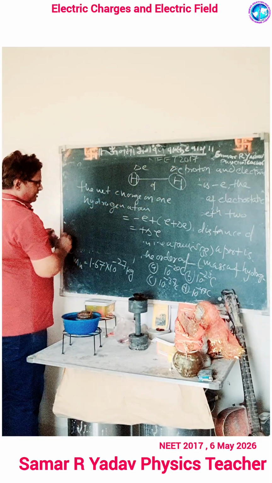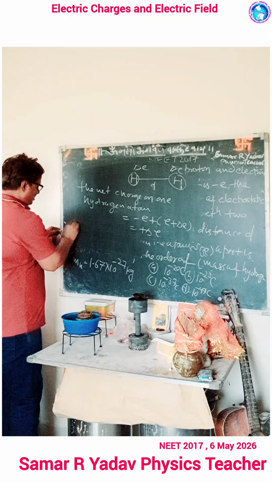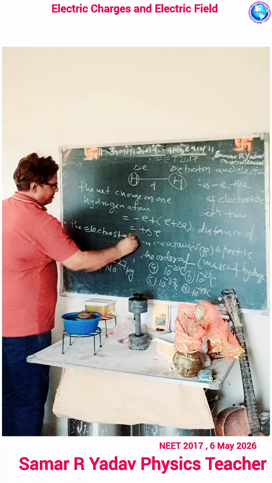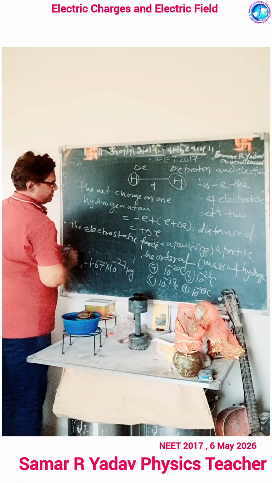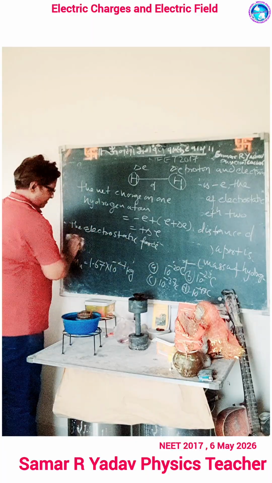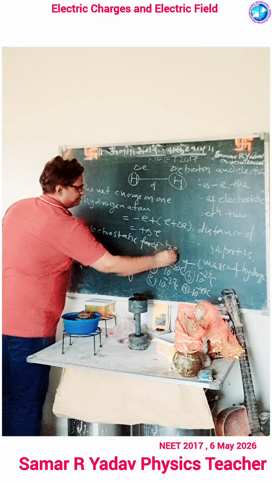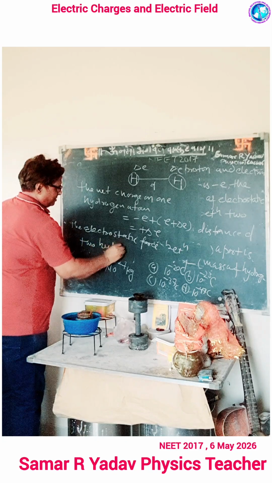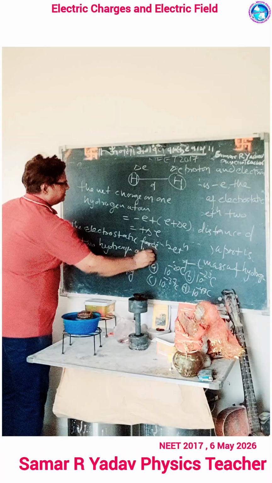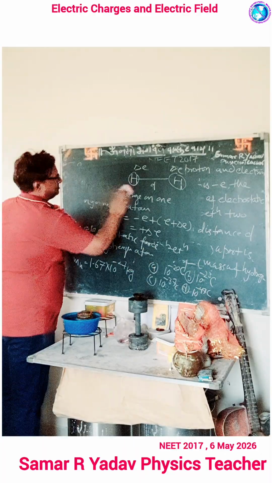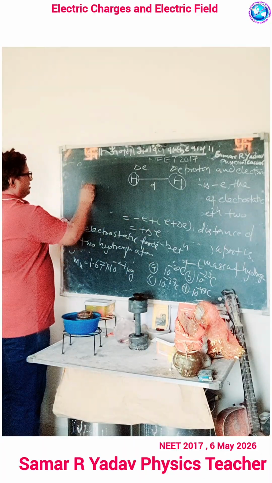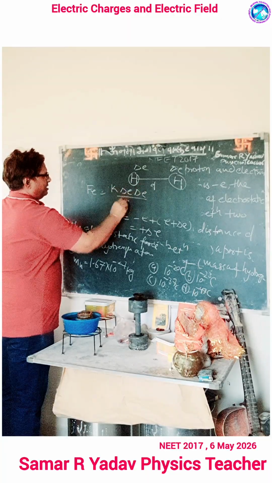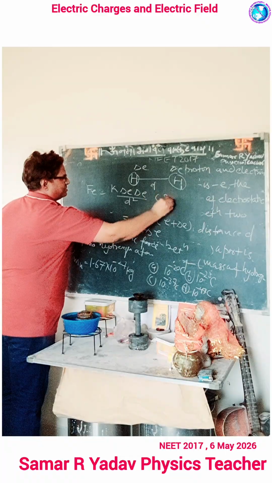Now the electrostatic force acting between the two hydrogen atoms, therefore Fe is equal to K into delta E square upon d square, that is a repulsive force.